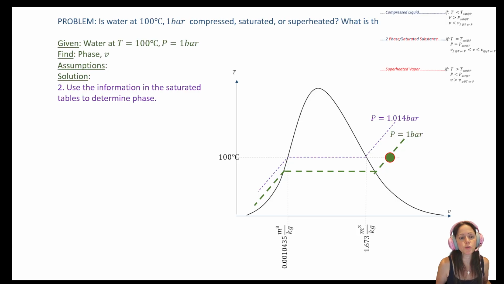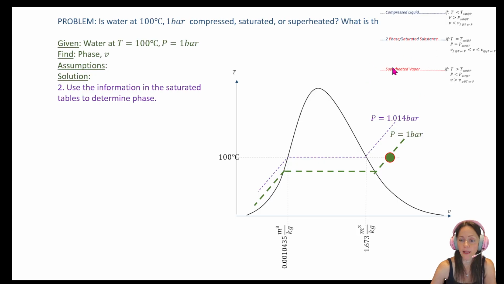So by my rules, what rule told me that without having to draw it on a T-v diagram? Well, let's see. My pressure is the second one right here. My pressure, 1 bar, is less than the saturation pressure at 100 degrees Celsius.